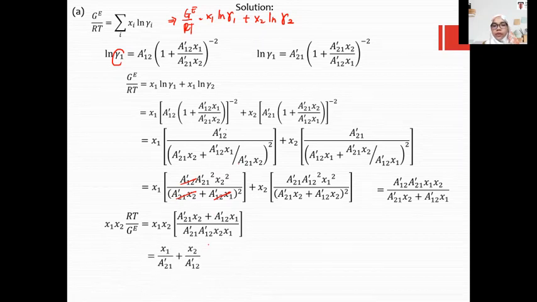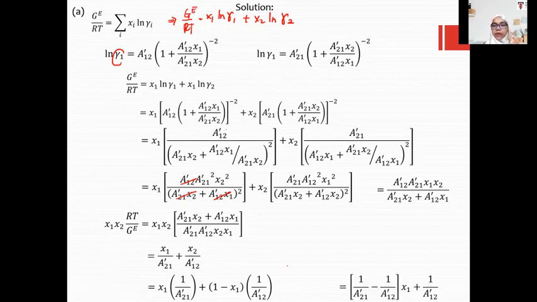When we compare it to the linear equation, we have this expression: it gives us the value for the slope, and the other term is the intercept. So it proves that the Van Laar equation is based on the linear equation y equal to mx plus c.